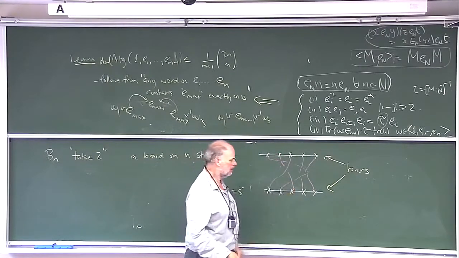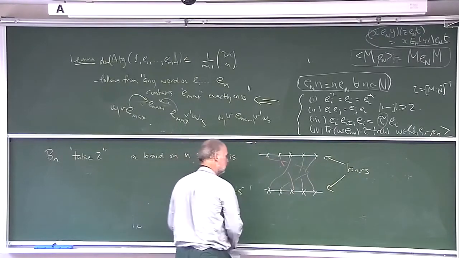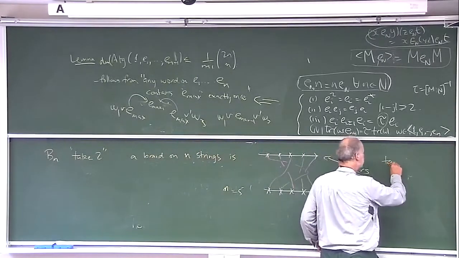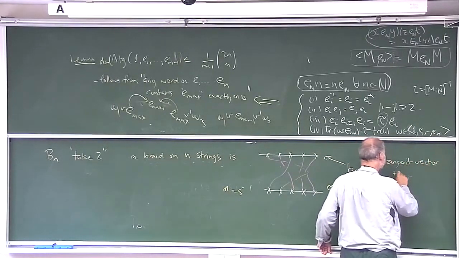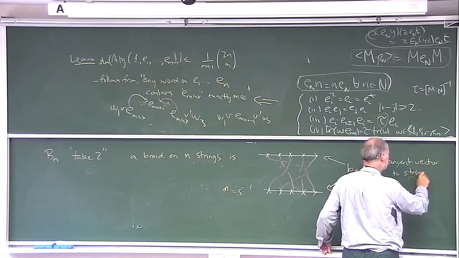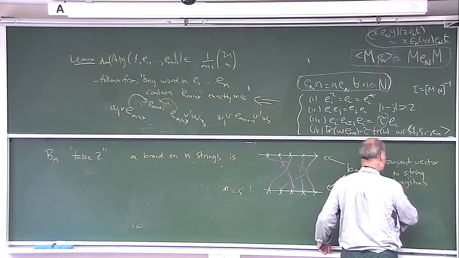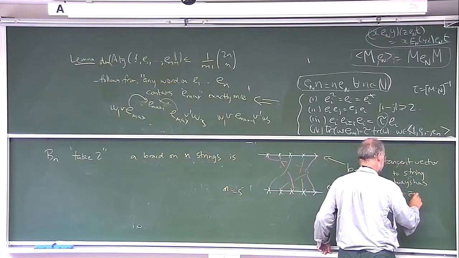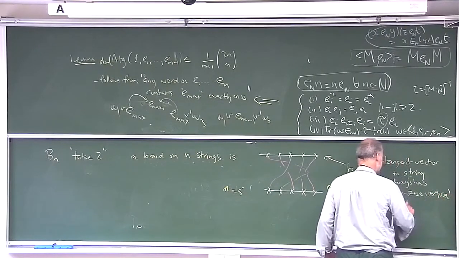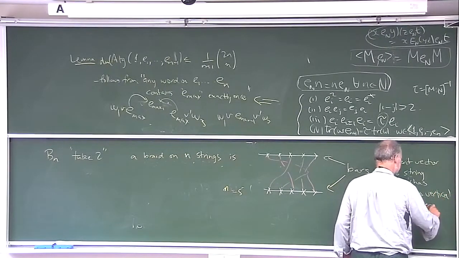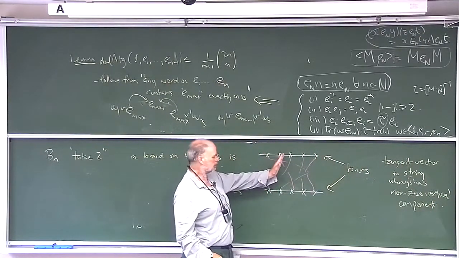So if you like, the tangent vector to the string always has non-zero vertical component. Okay, so the string starts going up here and it keeps on going up until it gets to the top.